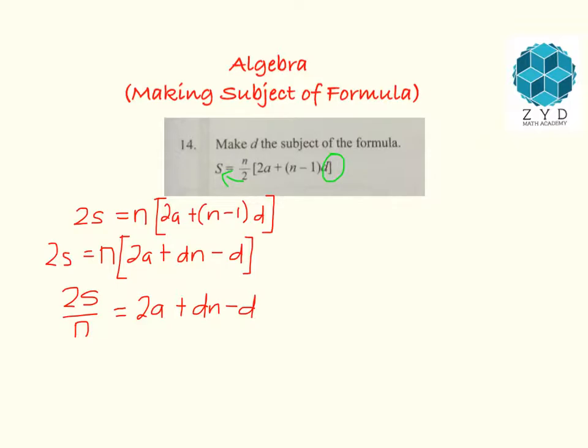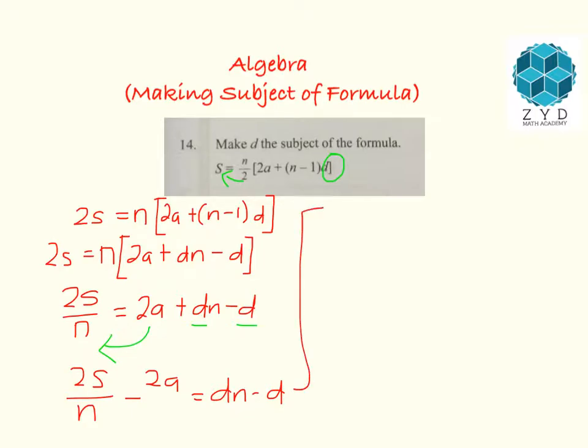So I will bring over this 2a to the left hand side because I just want terms containing d on one side. So I am left with 2s over n minus 2a equals to dn minus d.